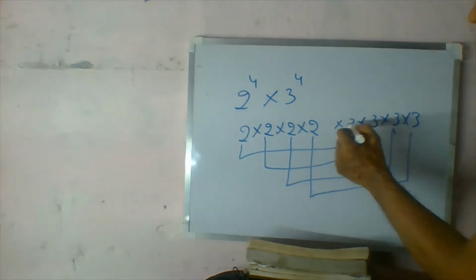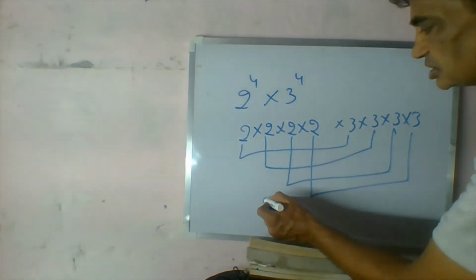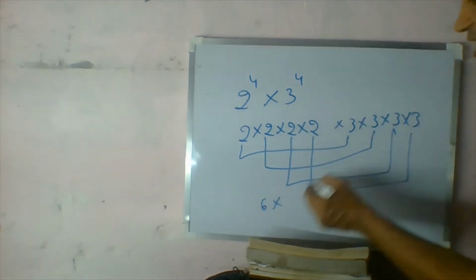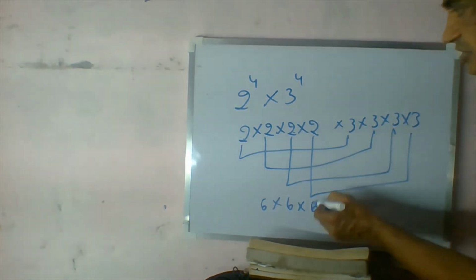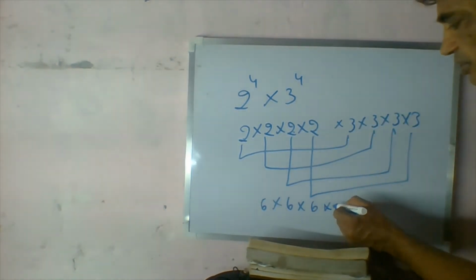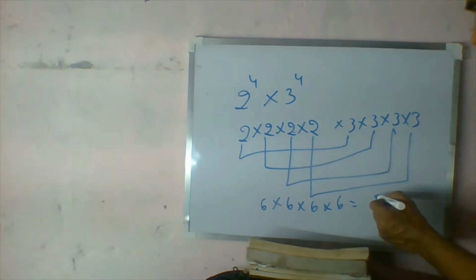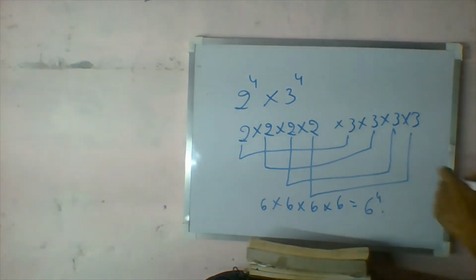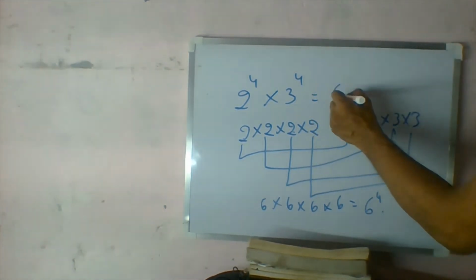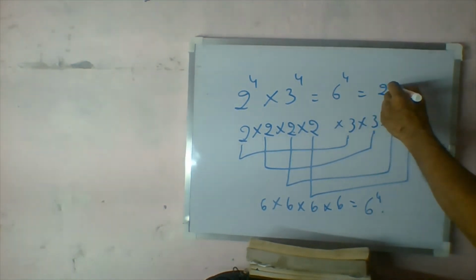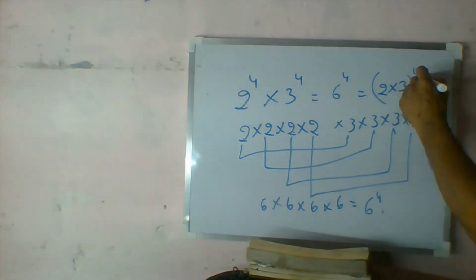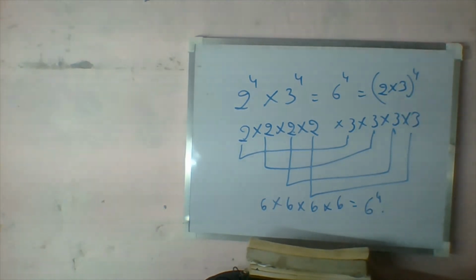It will be 2 into 3 the 6, into 2 into 3 the 6, into 2 into 3 the 6, into 2 into 3 the 6. And this I can write as 6 raised to power 4. So this is actually 6 raised to power 4. This again I can write as 2 into 3 raised to power 4.